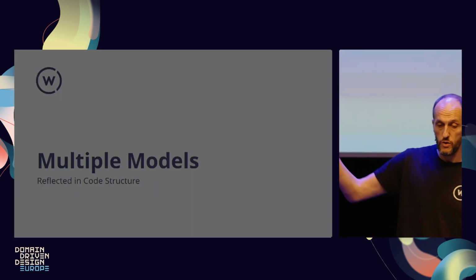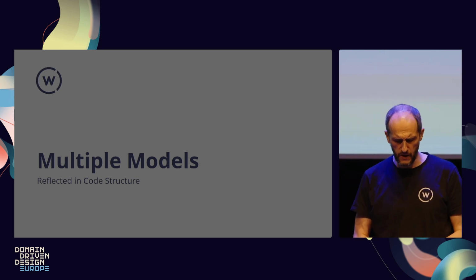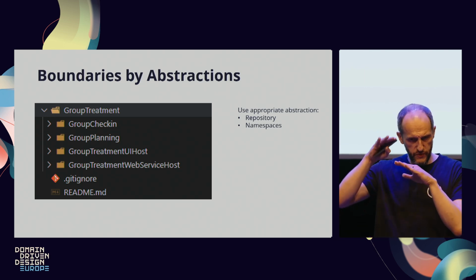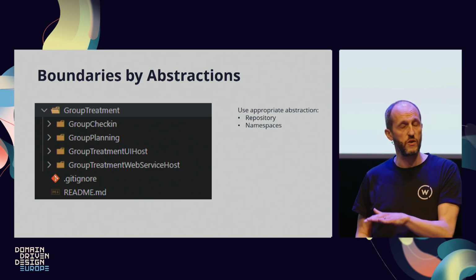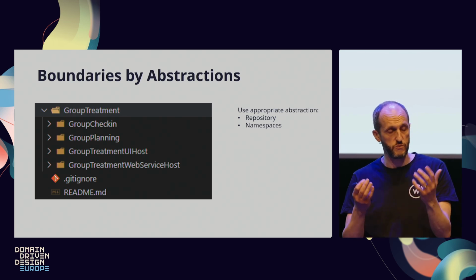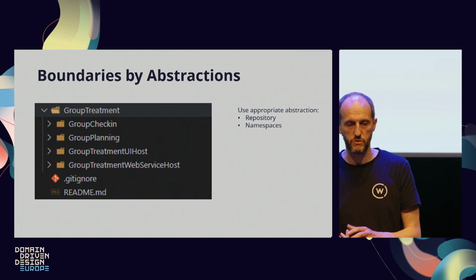Okay, so on the code side, just a brief tour into the code structure. So we just created abstractions. We created boundaries by abstraction. So whatever abstractions might mean to you, as namespaces or repositories or whatever.